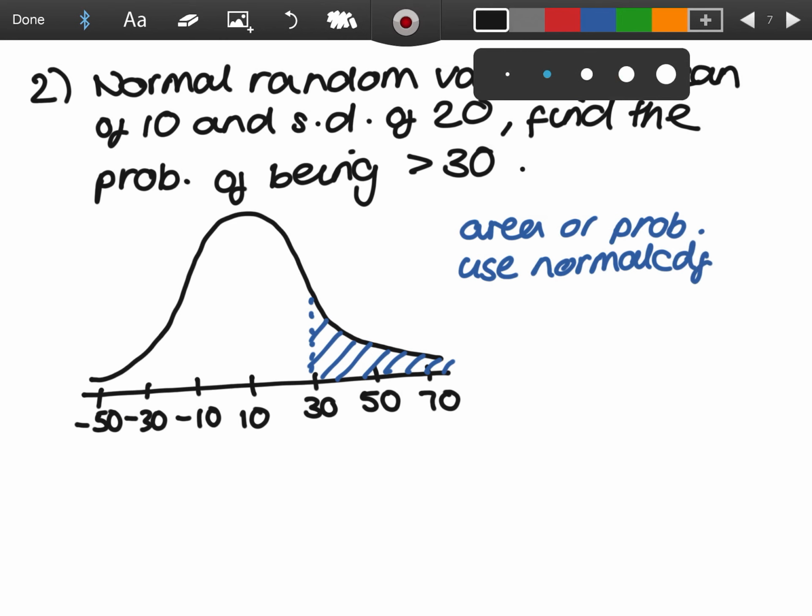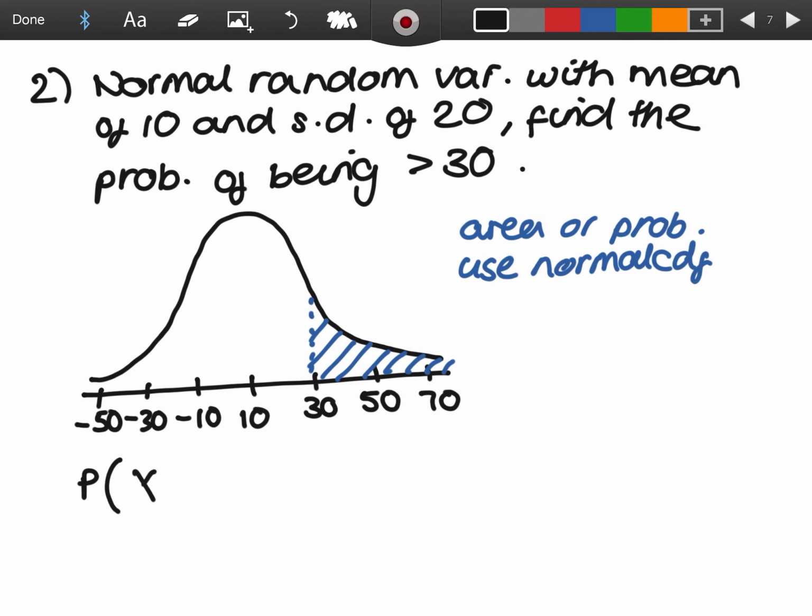So before we go ahead and use normal CDF, we need to know what upper bound to plug in. So I'm instead going to do a Z transformation. At the moment, I am in normal distribution with a mean of 10, standard deviation of 20. Because I'm in some random normal distribution, I'm going to use X as my variable.